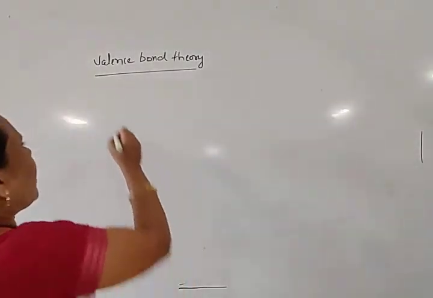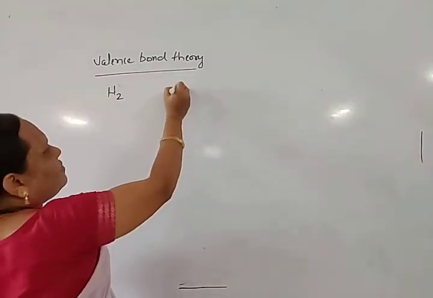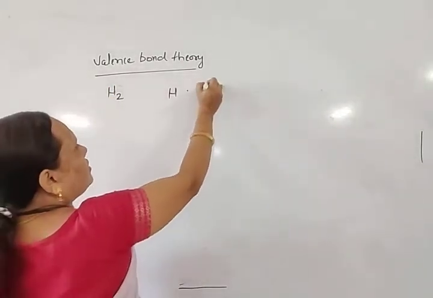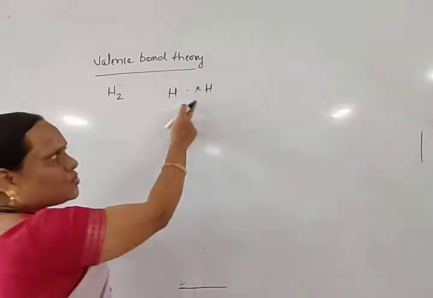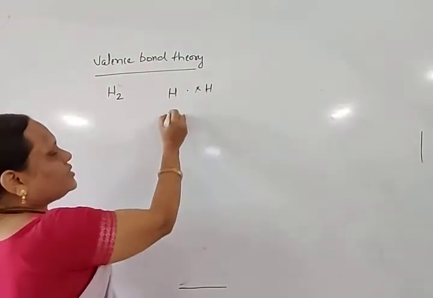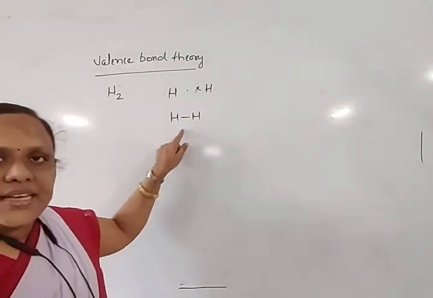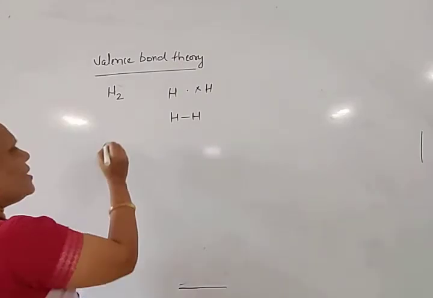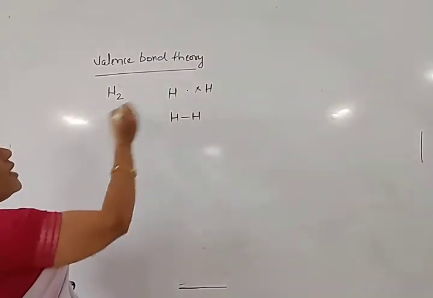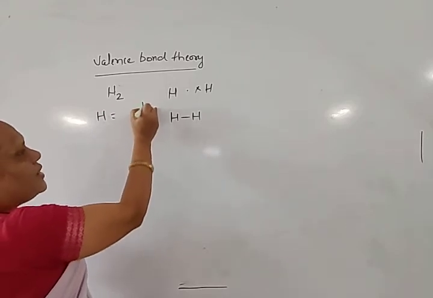When hydrogen molecule is formed, first we write H dot and another hydrogen also, these two electrons are shared by them and they form an H-H bond. Okay, H-H bond. Similarly, when you write the electronic configuration of hydrogen, that is 1s1.